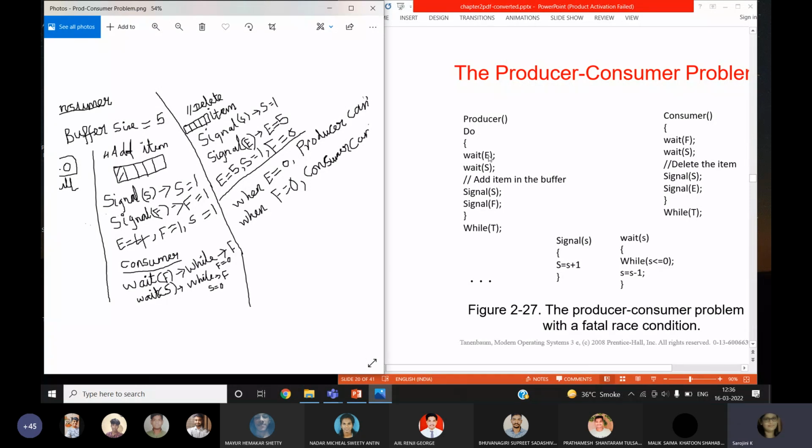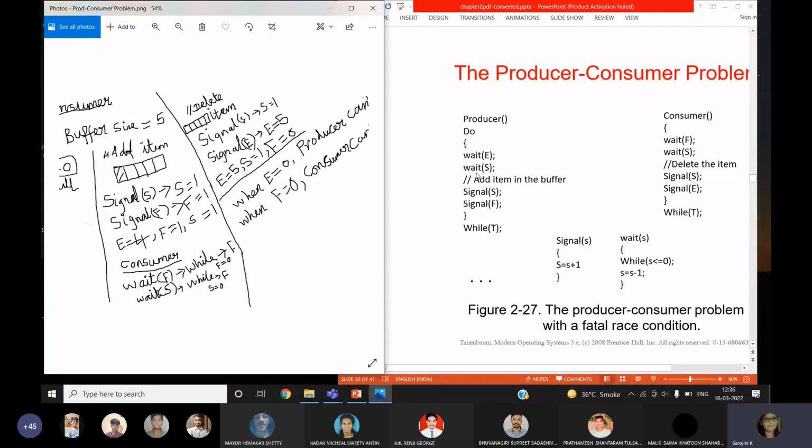If empty buffer is 0, which means everything is filled. So at that time the producer cannot add an item. Some consumer should delete an item, then only it can add the item.